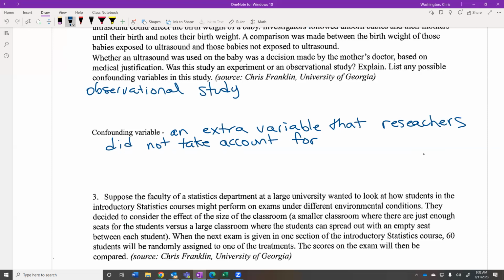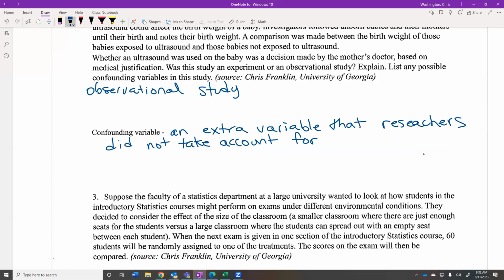An extra variable that researchers didn't take account for that might also affect, in our case, the birth weight of these babies. So the only thing the researchers are looking at is ultrasound, not ultrasound.